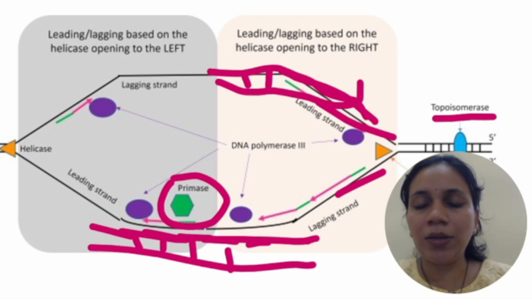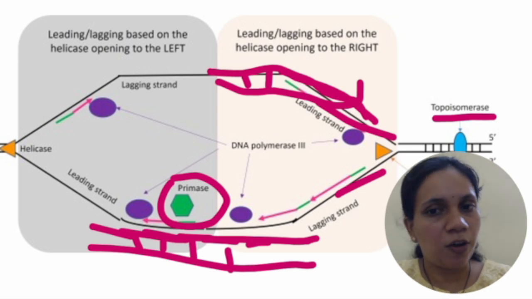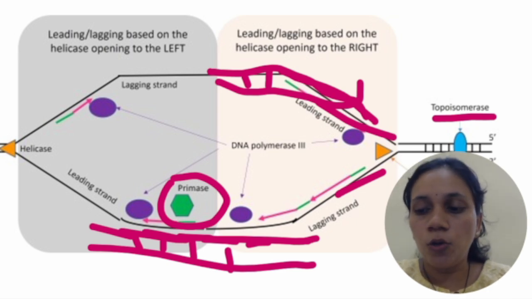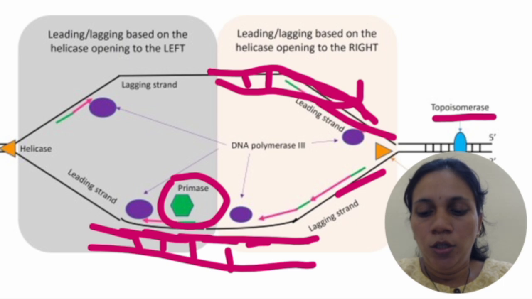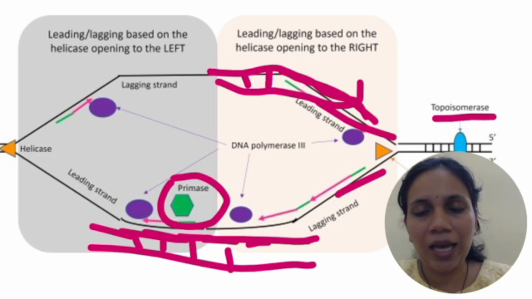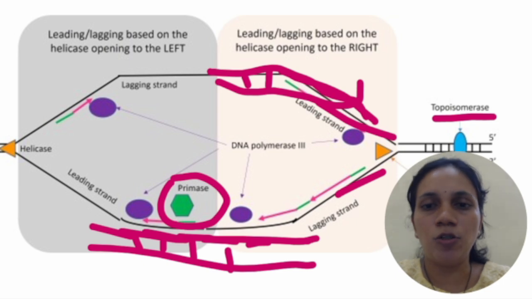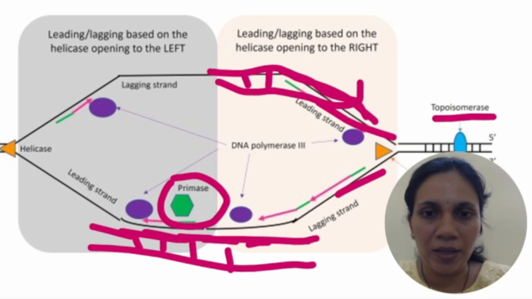So 5 prime to 3 prime is discontinuous and 3 prime to 5 prime is continuous. DNA dependent DNA polymerase works only in one direction, that is 5 prime to 3 prime. So this entire process can be summed up as the semi-conservative, semi-discontinuous model of DNA replication.